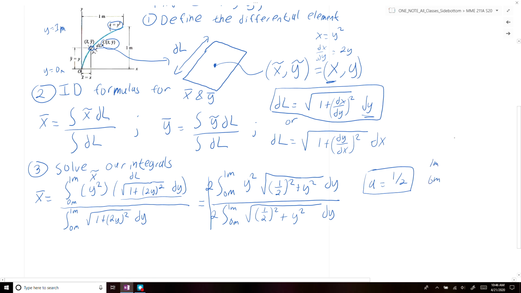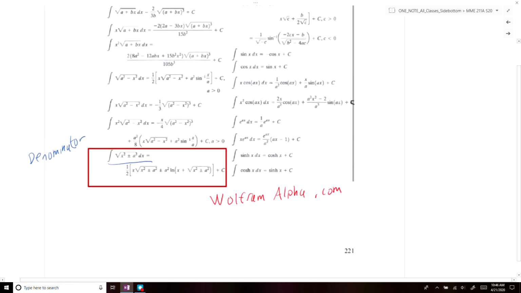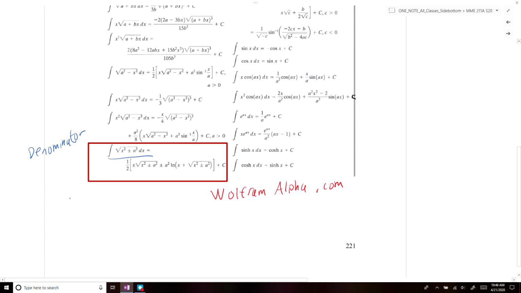So if we plug in this information, we're going to go back to our table. Alright, so we have a is equal to 1/2, and then x goes from 0 meters to 1 meter. So if we plug all that in, we would get 1/2.